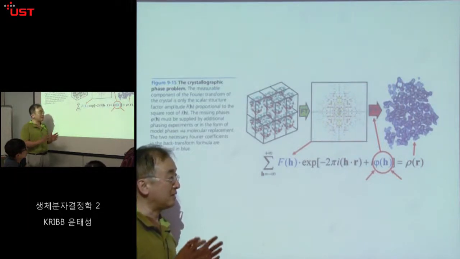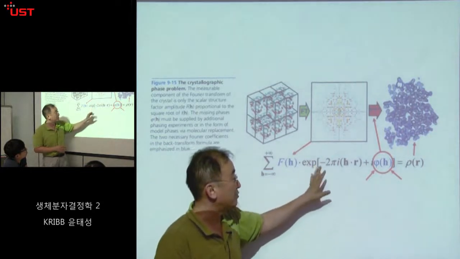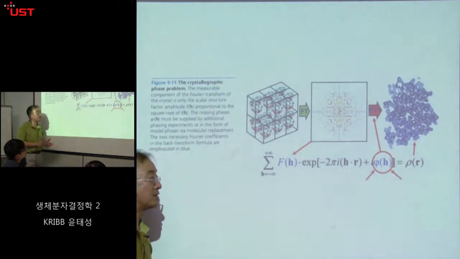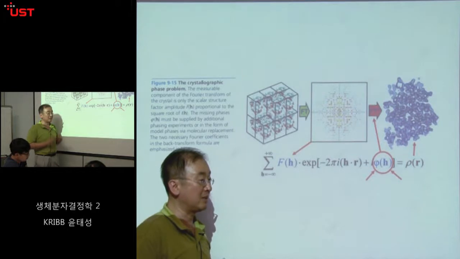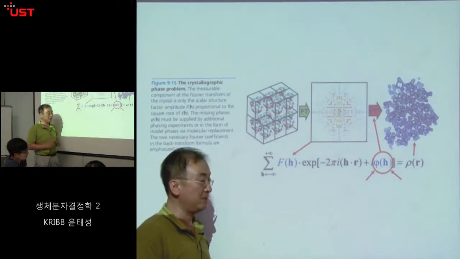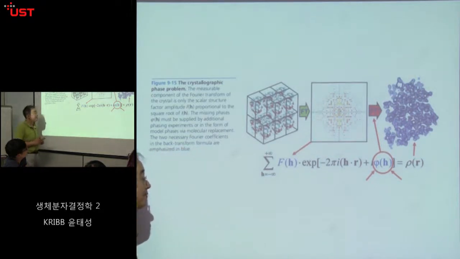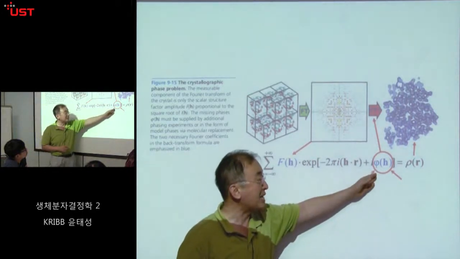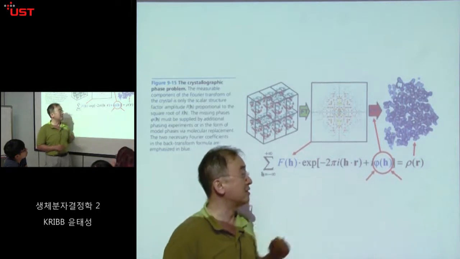If they are in the integral part, this exponential part will be number 1, so constructive. Otherwise, it will be interfering, so it will result in destructive interference. So this is the mathematical definition of phase angle and phase in crystallography.